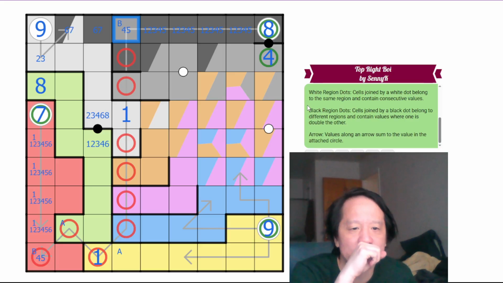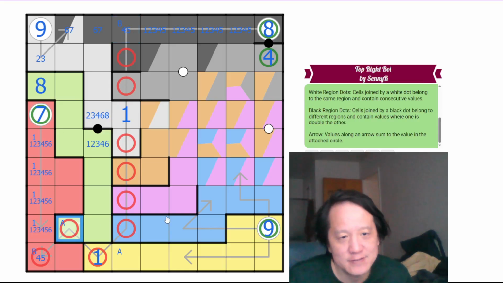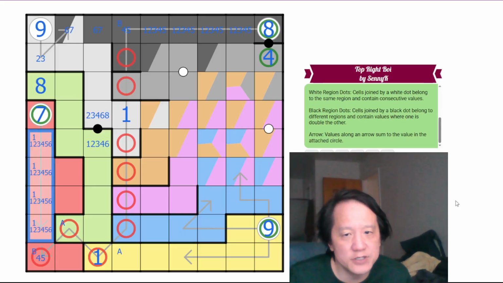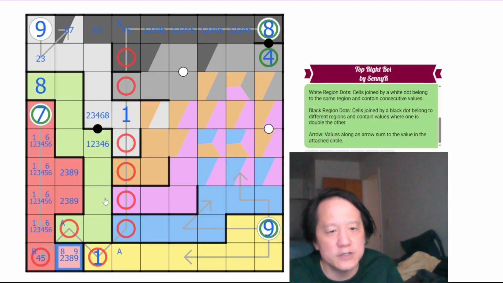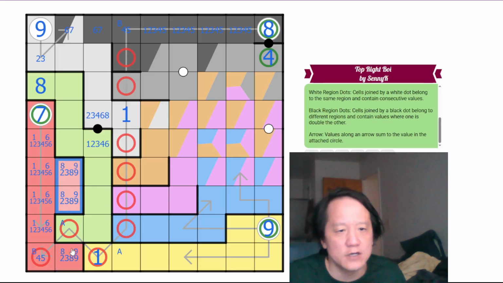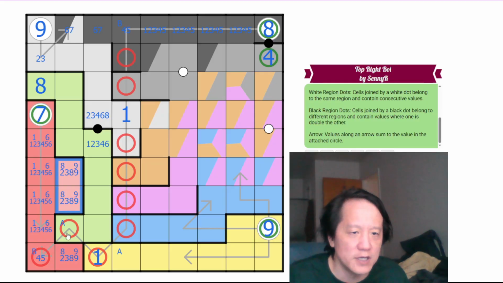What else do we have? A is not 8. This is guaranteed to be 1 and guaranteed to be 6. The remaining digits in the red region then have to be 1 out of 2 or 3 and 8 and 9. With 8 and 9 guaranteed to be in one of these 2 cells or one of these 3 cells in column 2.